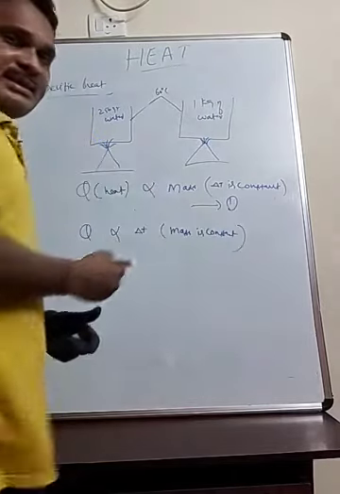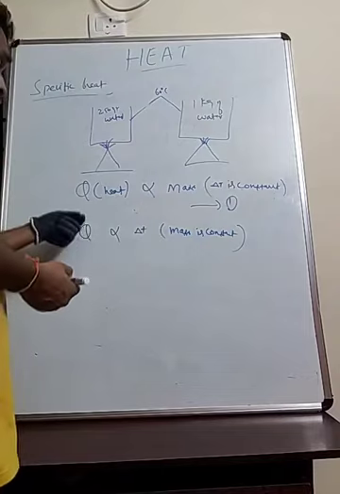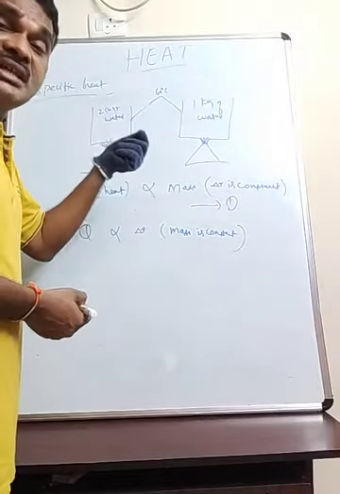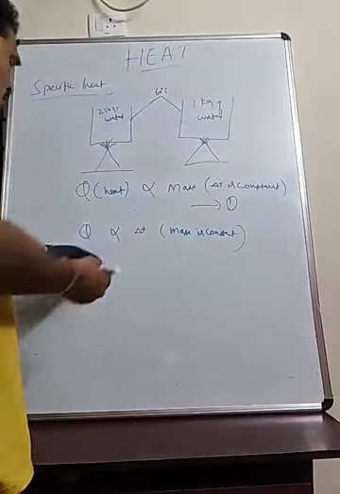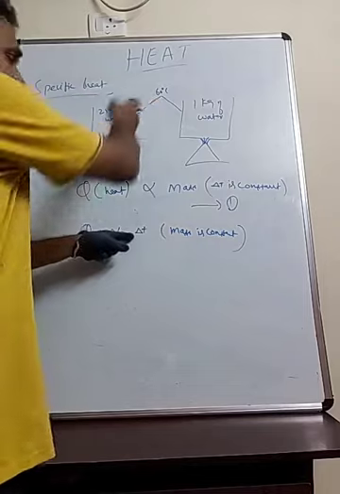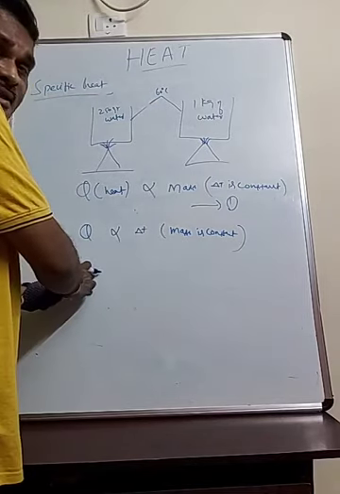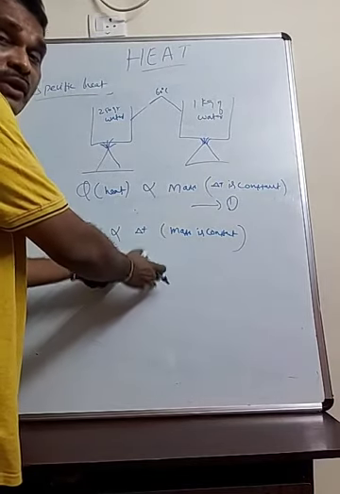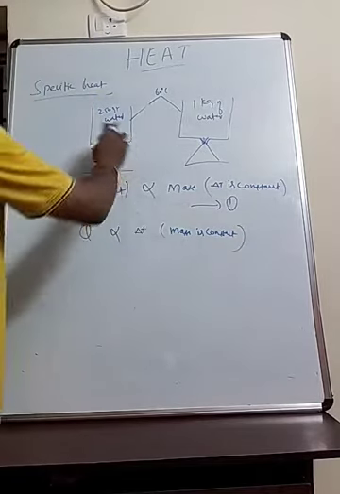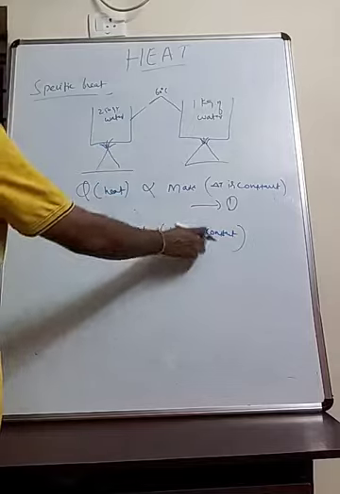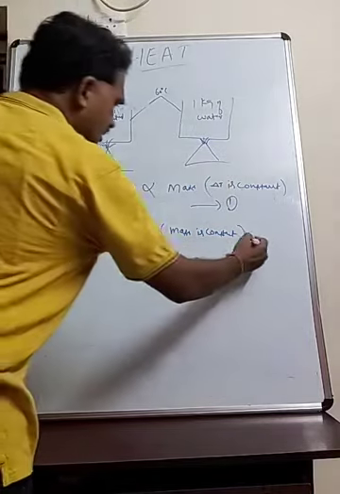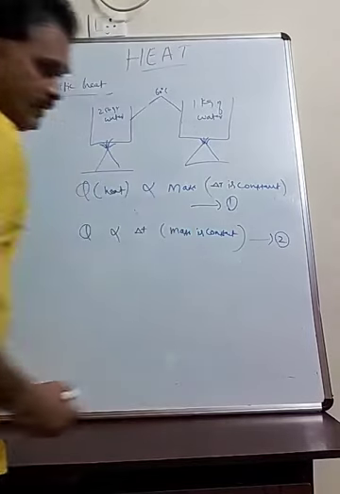If you give more heat, the change in temperature is also more. If you give 10 calories, the change in temperature is 60 degrees. If you give 20 calories, the change in temperature is 120 degrees, like that. It is directly proportional when mass is constant. This is the second equation, the one where delta T varies.